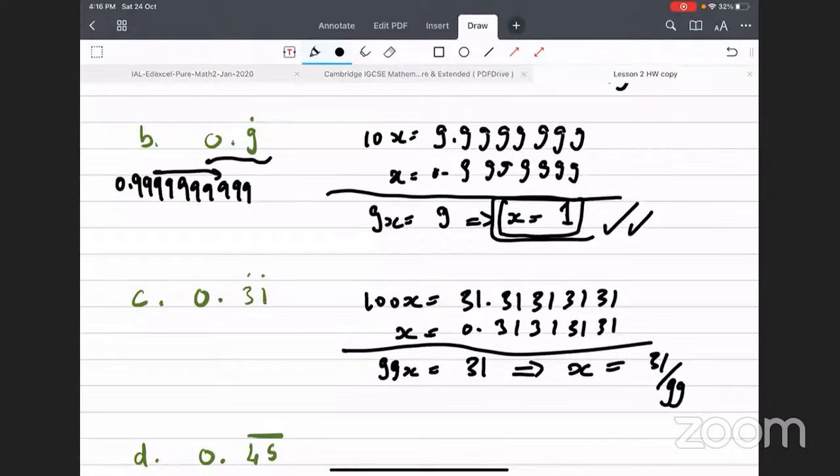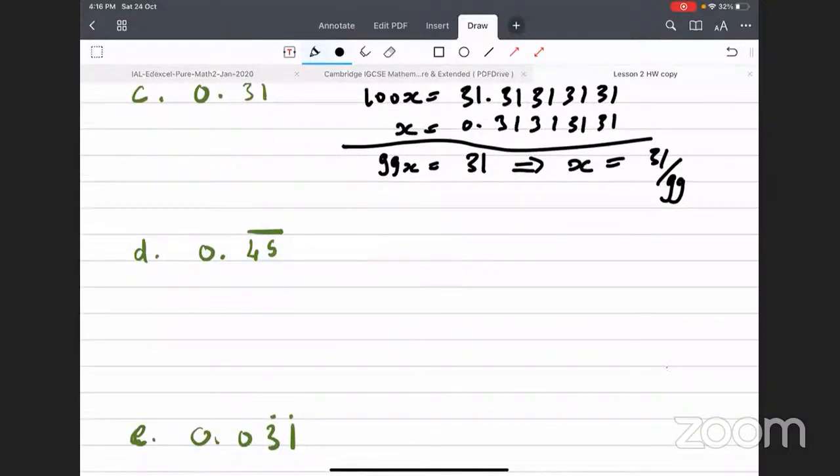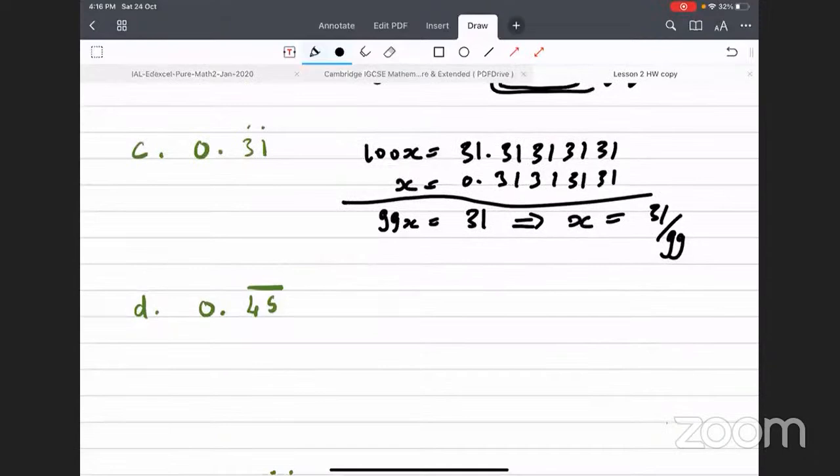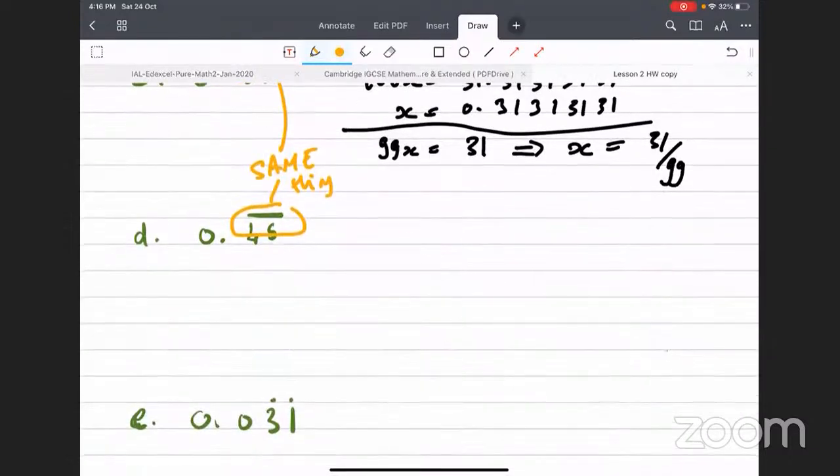Okay, 0.45 bar. I used a different notation here explicitly, so that you understand that these are the same thing. Okay, so it'd be pretty easy. Let me get the black color again.